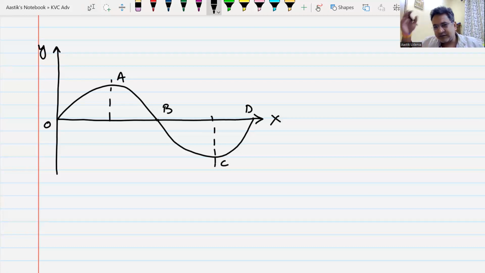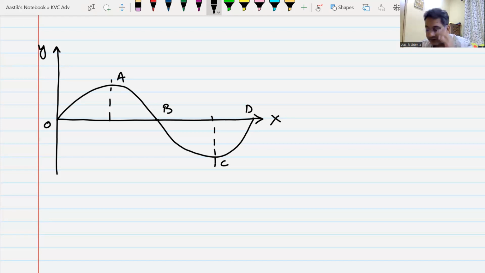If I understand one wavelength, I will understand the other wavelengths because the wave is going to get repeated. Now, there are particles between O and A, and right now we are seeing the position of all these particles. Yes or no?